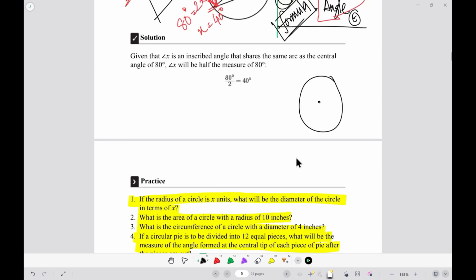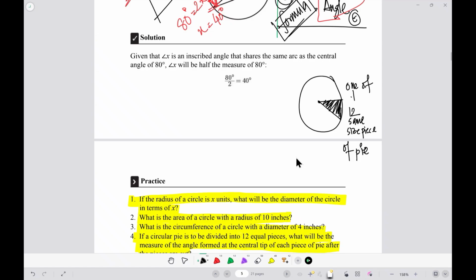because we are creating the angle here, for a pie. Consider we have 12 same size pieces of pie. So this is one of them.